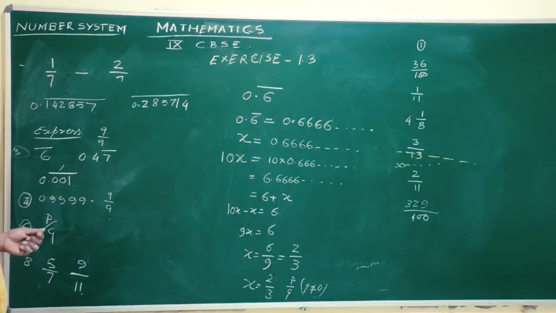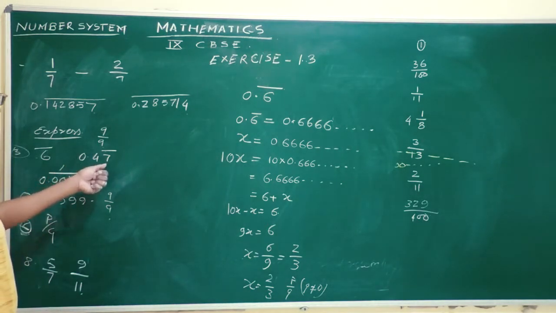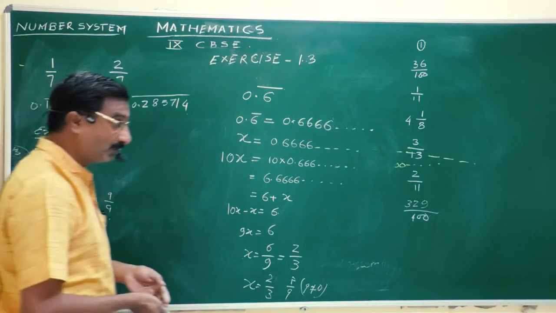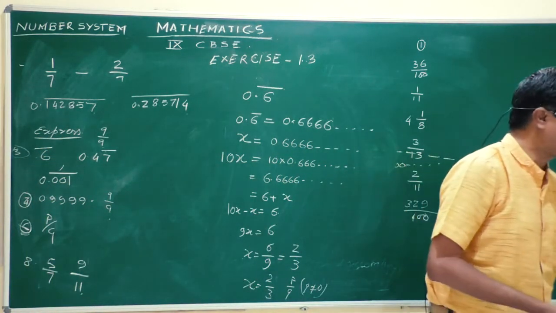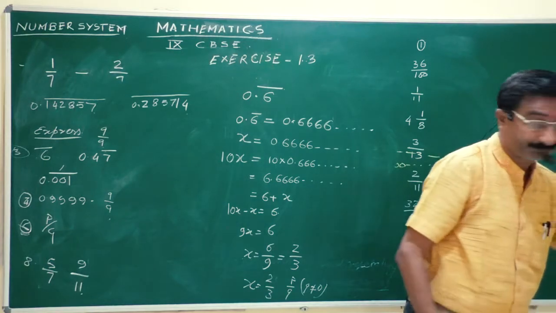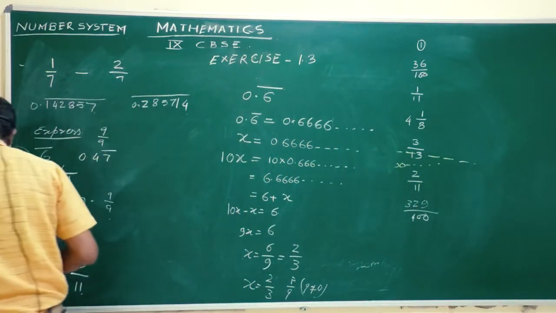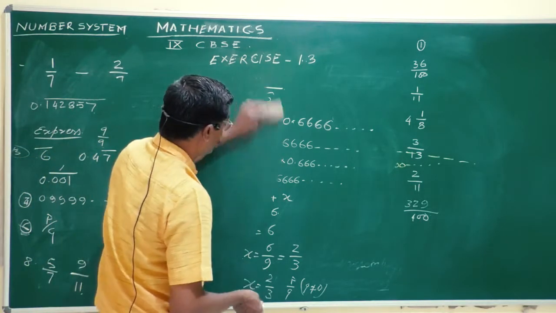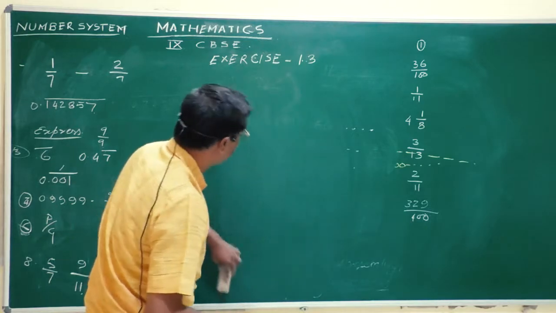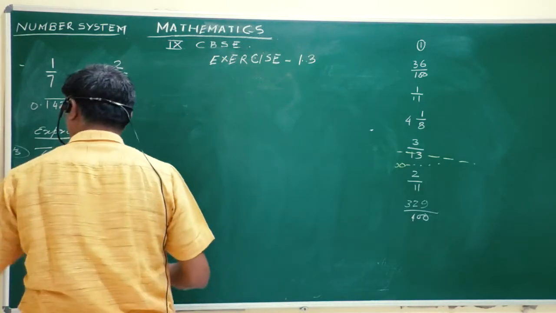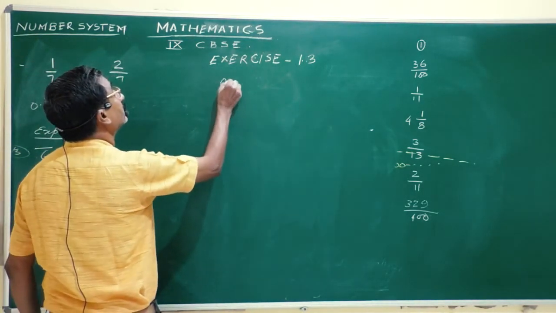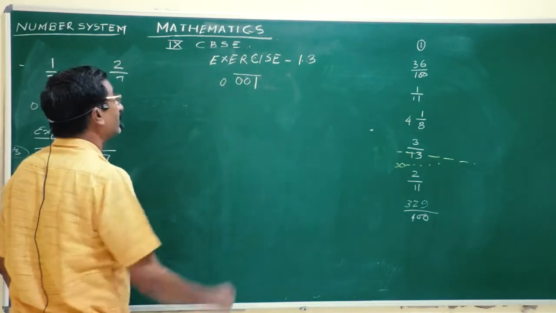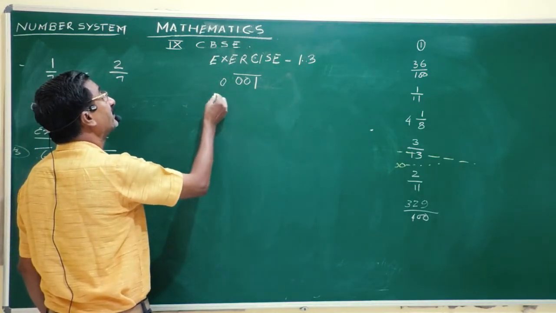Similarly, you can solve 0.47 with 7 bar. We will solve here 0.001 bar. There are 3 digits under the bar, so it is repetitive in nature.